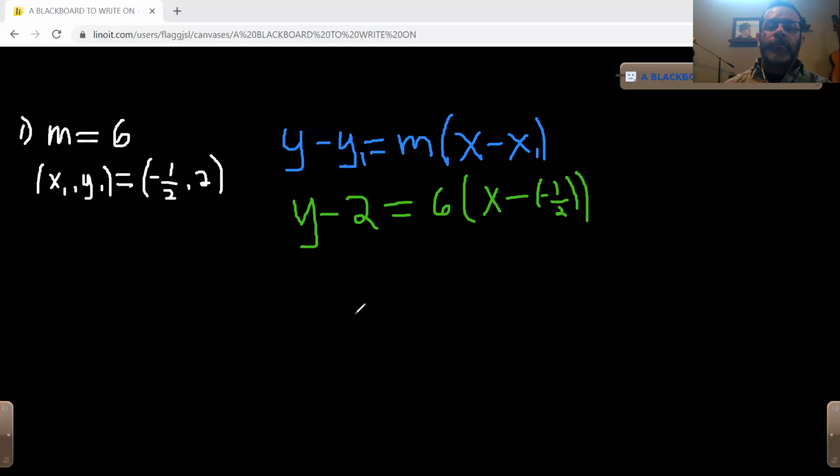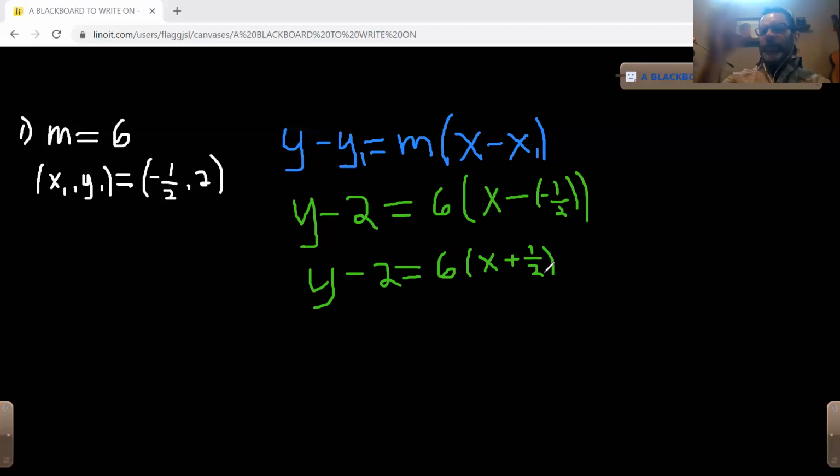Okay, and so this gives us y minus 2 equals 6 times, I'm going to multiply this minus by this minus, and it's going to be x plus 1/2.